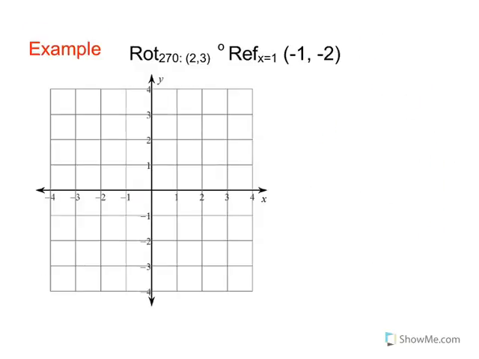Okay, so the last problem we're going to look at, a composition of a reflection and a rotation. So we're starting out with the point negative 1, negative 2. So that's your A point if you want to label it a letter. So negative 1, negative 2 is A. So I'm going to reflect across the line x equals 1.